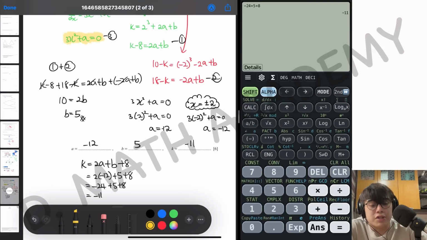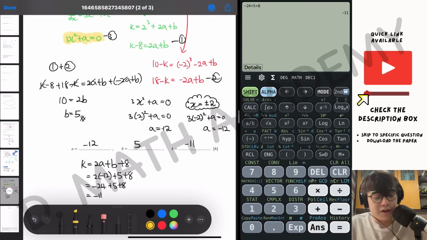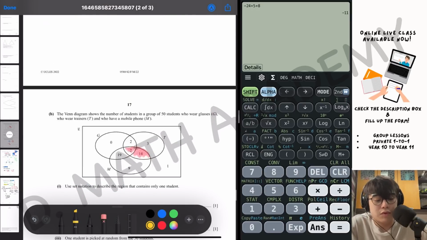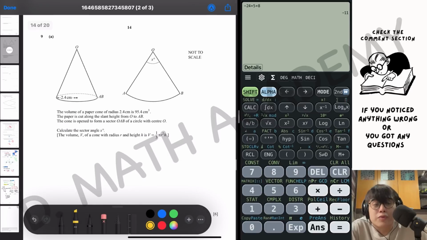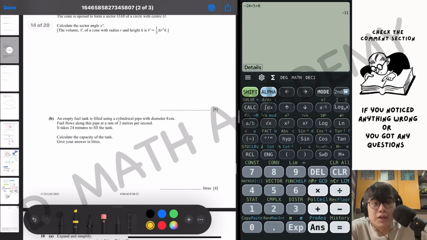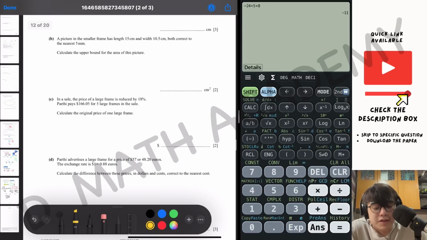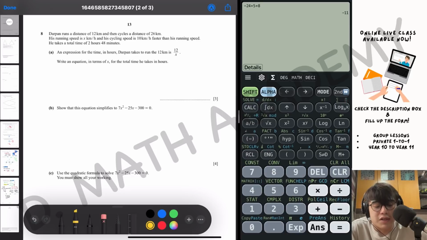So that's pretty much it for this particular paper. Personally, I find this question 12 quite challenging. The other parts that students might struggle with will be 9b if you're not familiar with area calculation when it comes to pipes and stuff. For question 8, students might make mistakes like me as well about the cyclist's distance of 26.